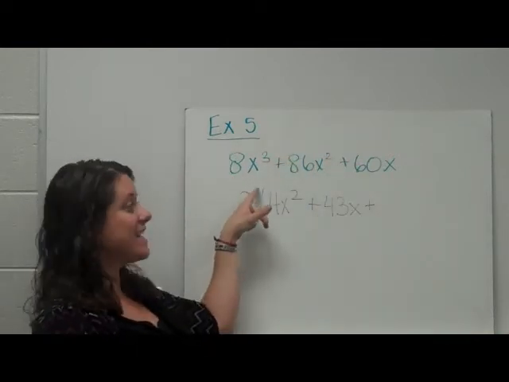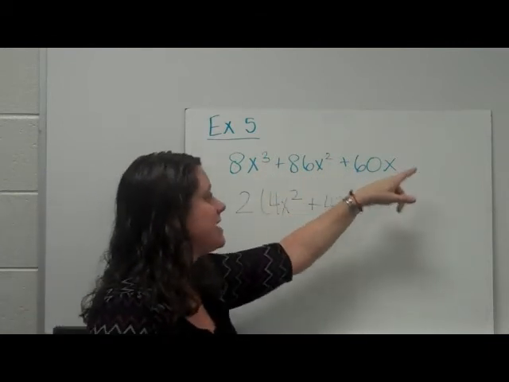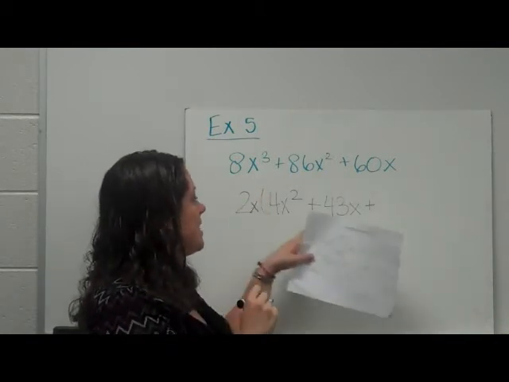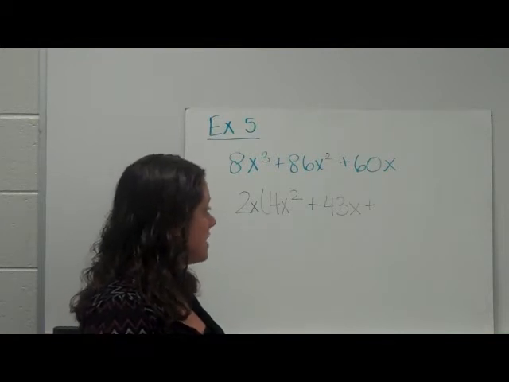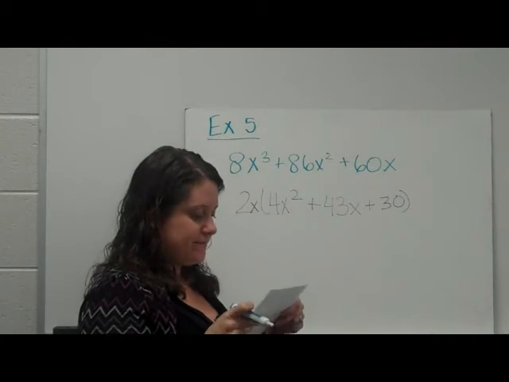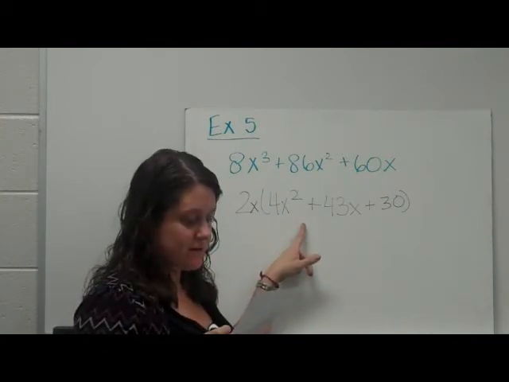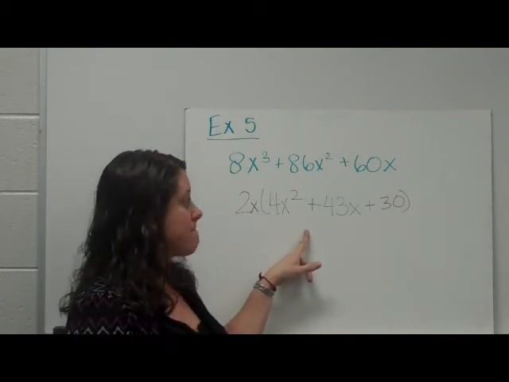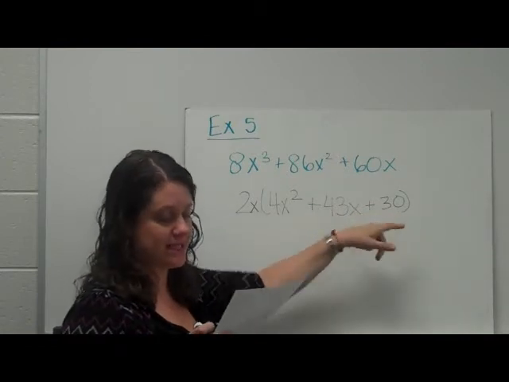It should have been 8x cubed plus 86x squared plus 60x. So therefore I can take out a 2x. Now I have 4x squared plus 43x plus 30. Does it have 2 terms? No. Does it have 3 terms? Yes. Is it a perfect square trinomial? That is a perfect square, but 30 is not, so that's a no.